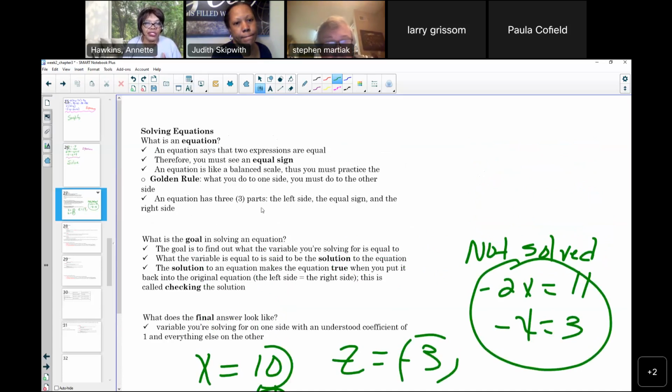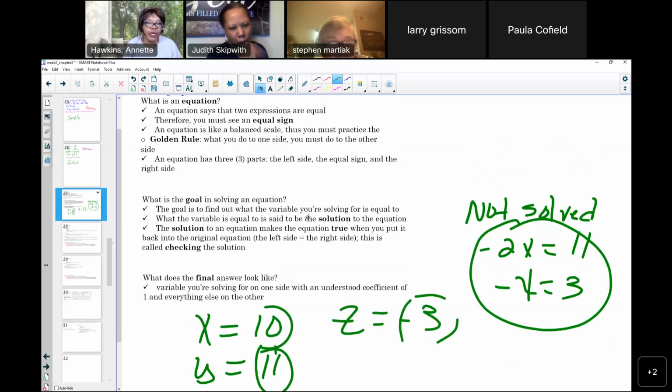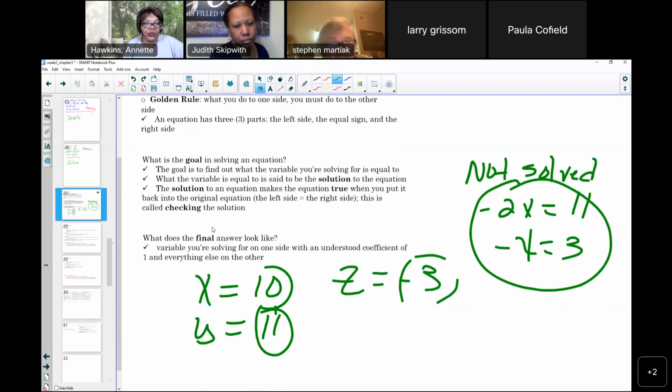An equation has three parts: the left side, the right side, and the equal sign. The goal is to find out what the variable is equal to. That's called the solution. The solution will always make it true. When we finish solving the equation, it needs to look something like this: x equals, y equals, z equals. All right, good enough.